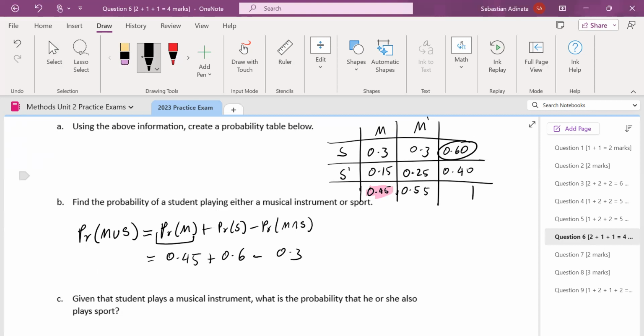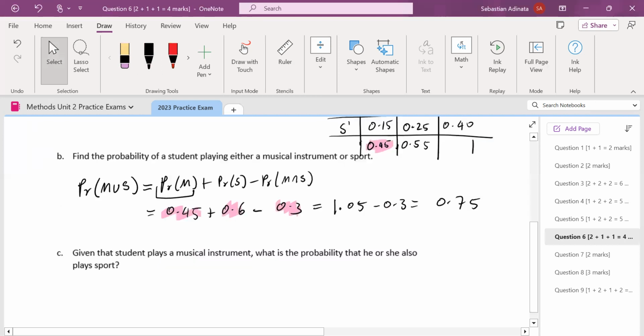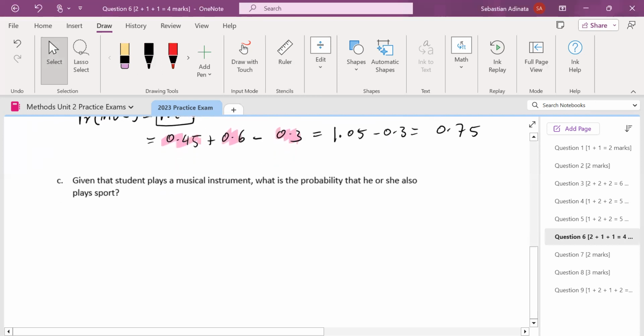And this is this guy over here. So just to clarify, this is where we're getting each value from. Now, which becomes 1.05 minus 0.3 equals 0.75. Next question.